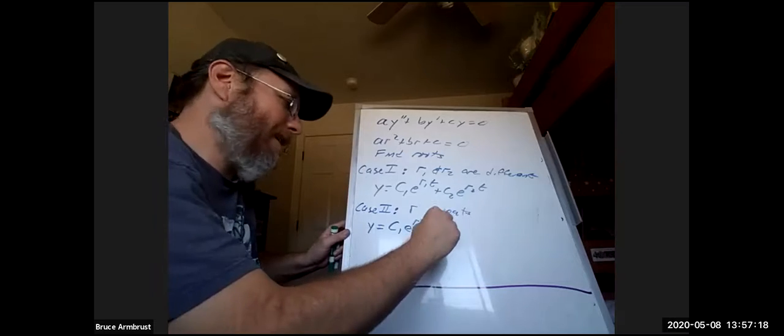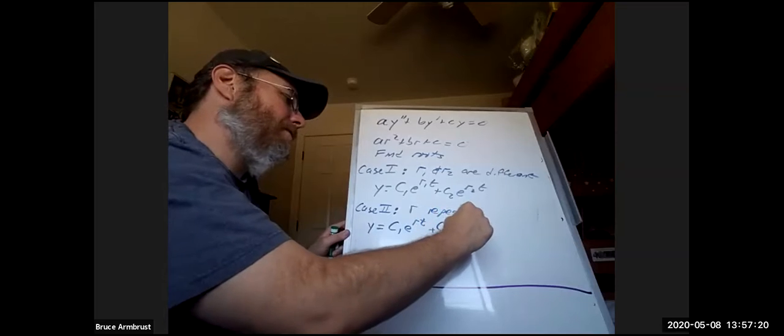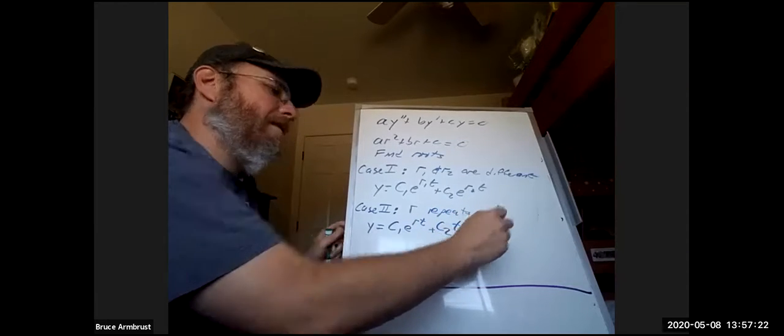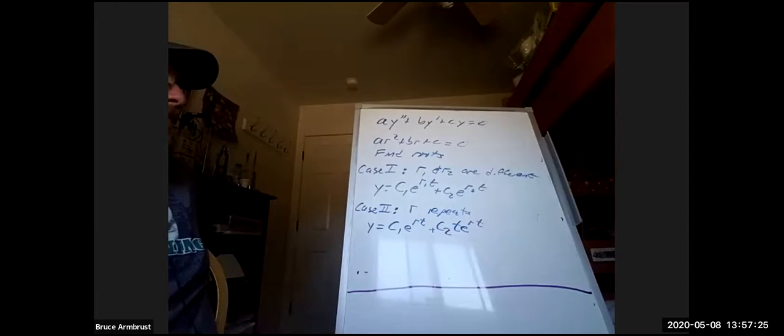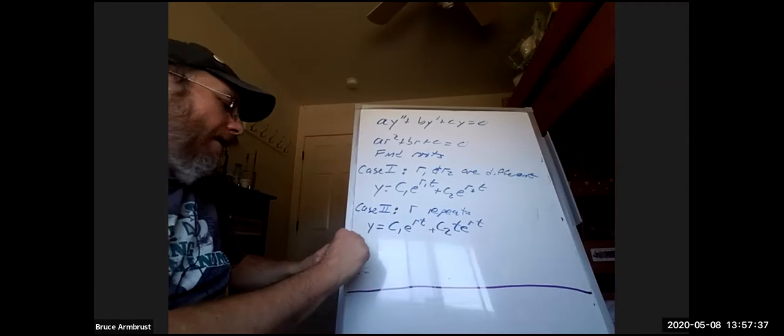Yep, you just multiply by t. Good. So it's c2 times t e to the rt. So we did one of those integrating factor things, and we found out the integrating factor had to be linear, and boom, there you go. There's the second one.